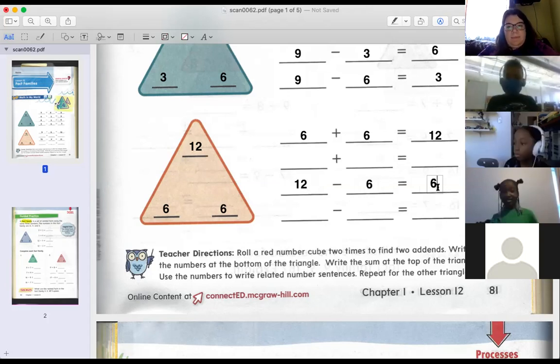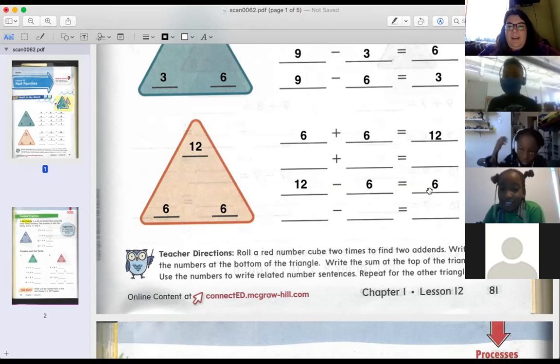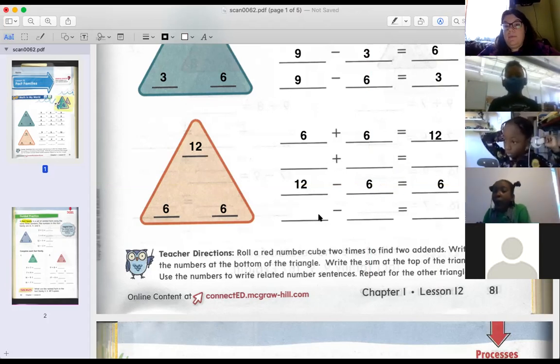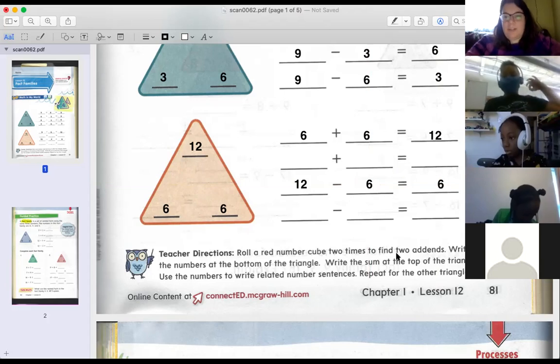Yes. Do we need to write another subtraction sentence? No, because if we reverse these, it's the same thing. 12 minus 6 equals 6. So in this case, there are only 2 number sentences since our addends are the same. I just wanted to show you that.